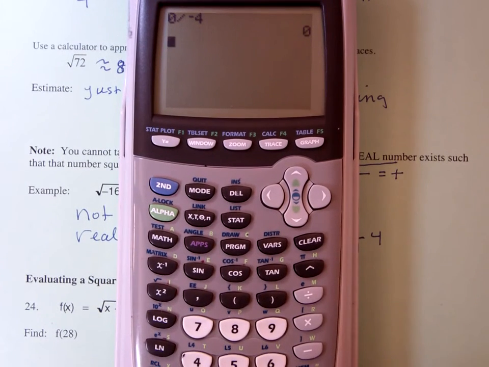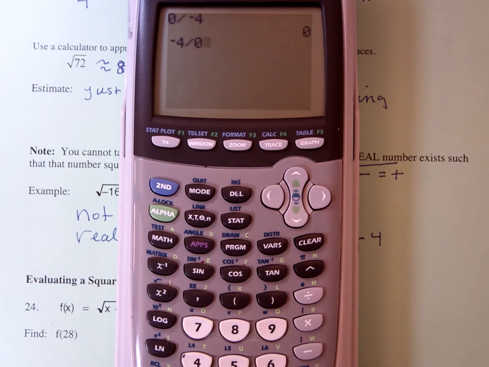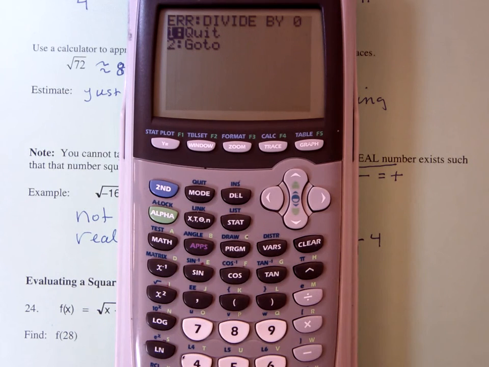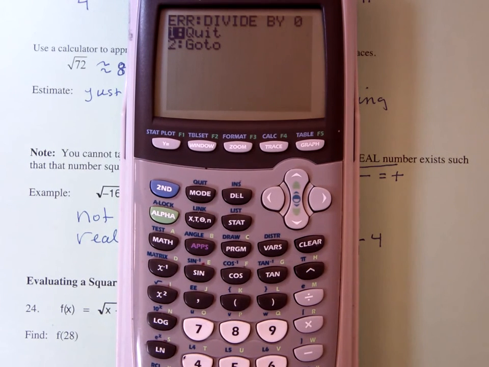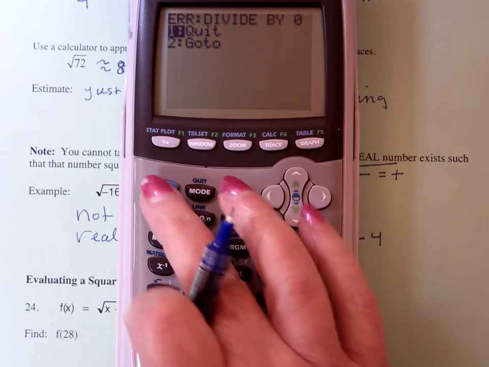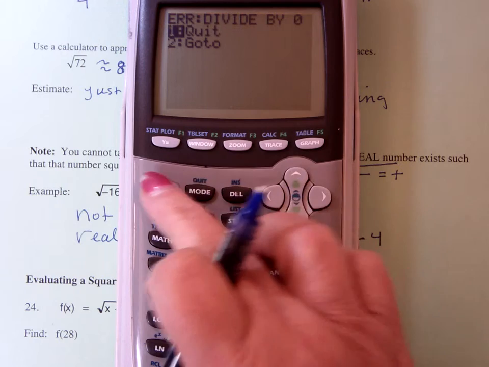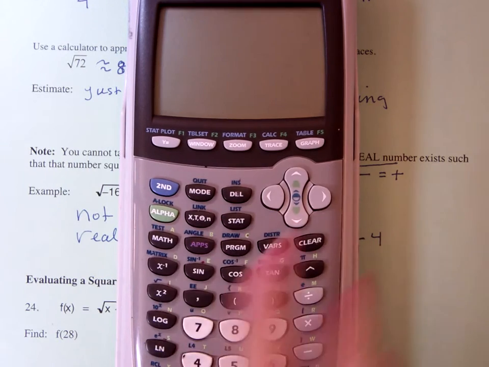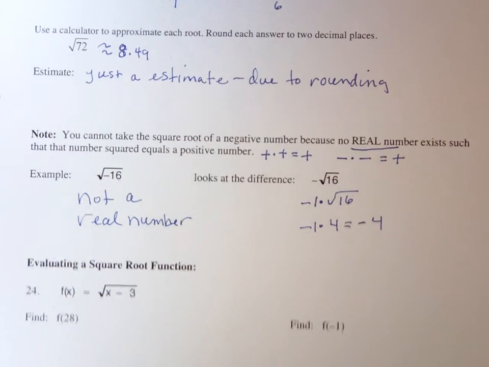However, if I would take negative 4 divided by 0, I get an error, we'll say division by 0, which means it is undefined. It's not that it doesn't exist, because there is a reason that something happens when you divide by 0, which we won't see in this class, but that's why we just say it's undefined. So trust your calculator and not your brain sometimes.